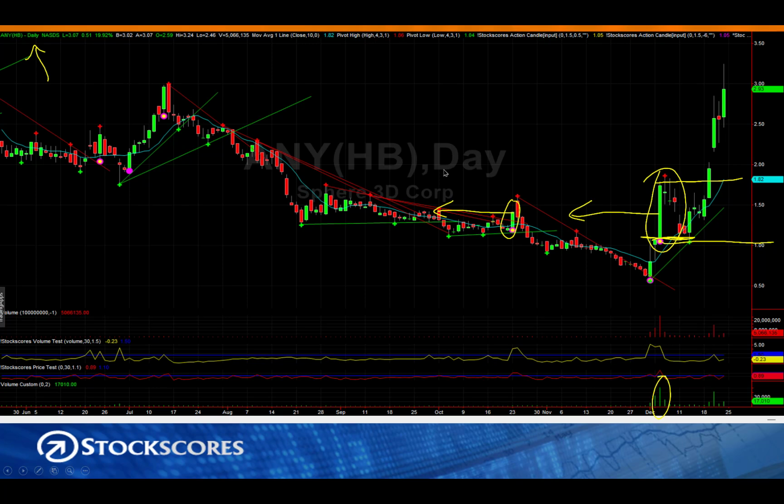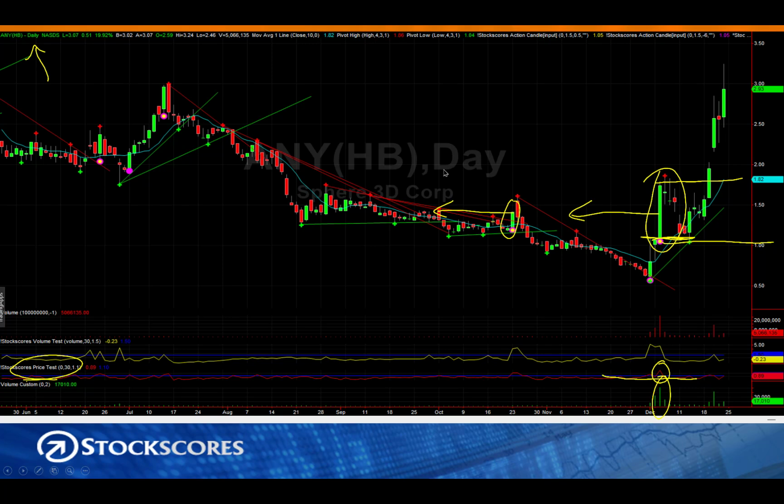Now down here you can see there's this indicator called the Stockscores price test that measures the statistical significance of the price change. And you can see on this bar right here, that little red line jumps above the blue. What that means is that the price gain was abnormal.